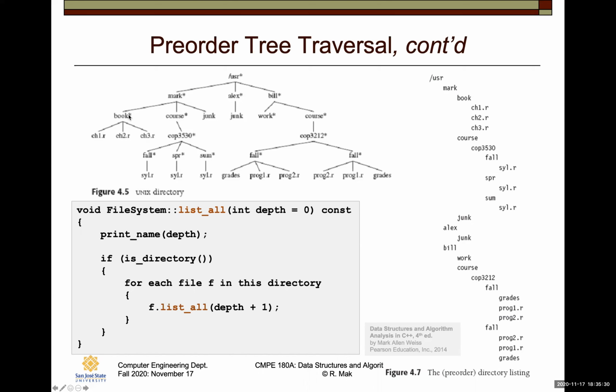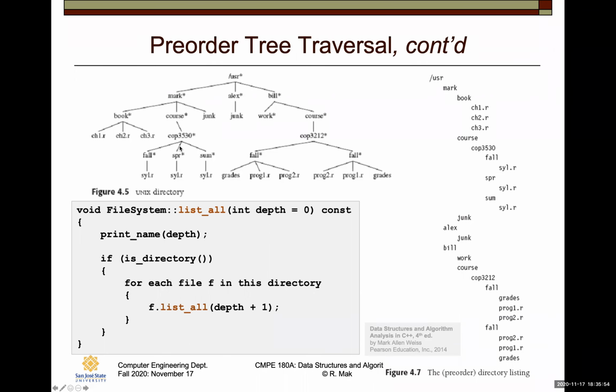Now, when we were at Mark, we had to visit the children. We first visited book, and then when we're done with book, we visit course. So here we write out course, and of course, we then visit the children of course, which is just this COP, whatever, and so that gets written out here.